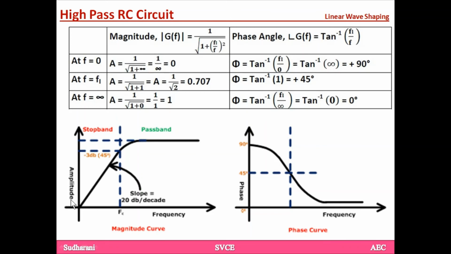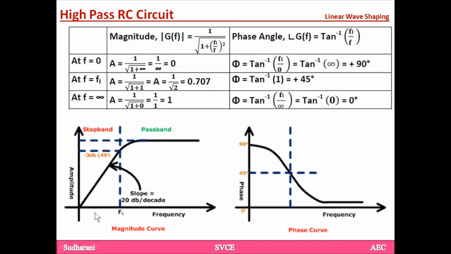Now we draw the frequency response, that is, the output voltage variation with respect to frequency. Here frequency is the independent variable, that's why I take it on the x-axis.